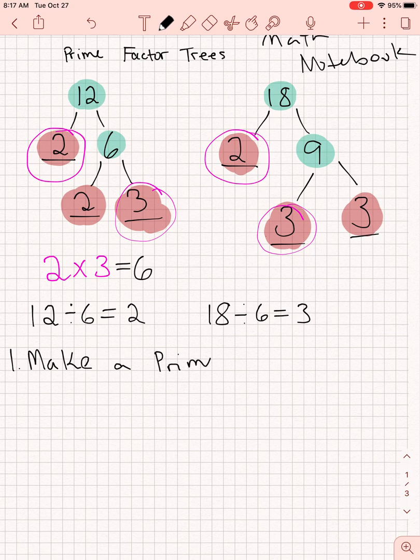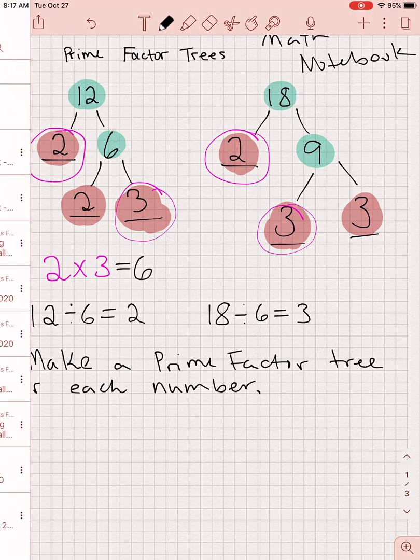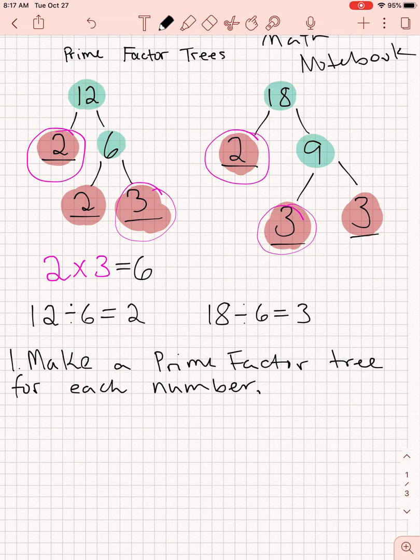a prime factor tree for each composite number. Step 2 is circle the pairs, and let's underline the word pairs.